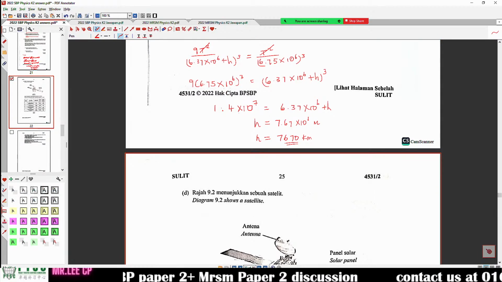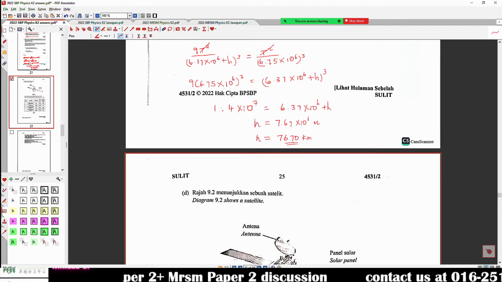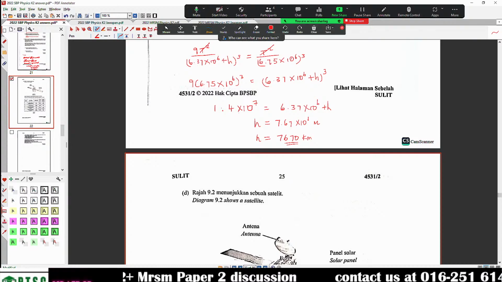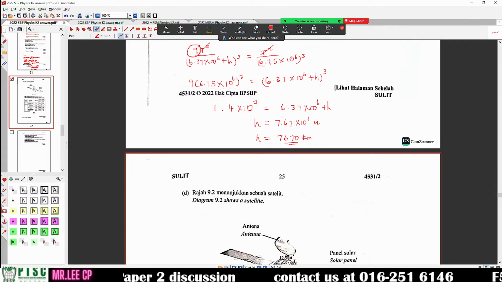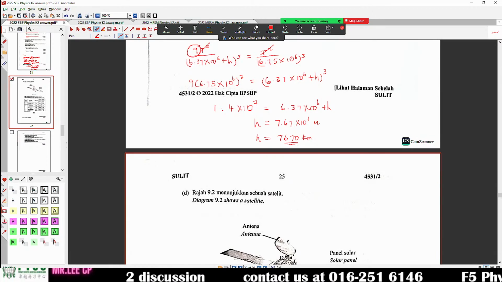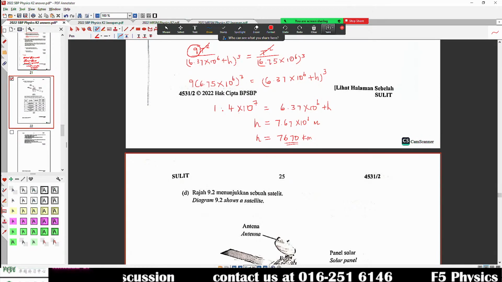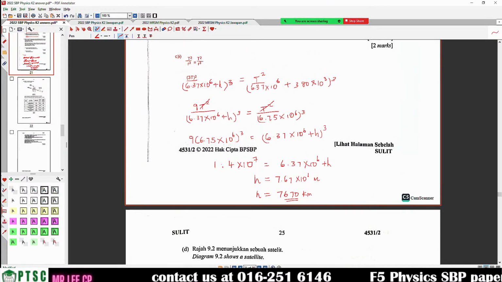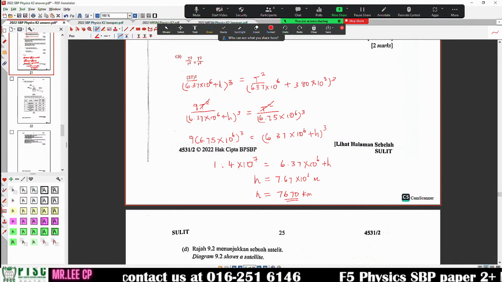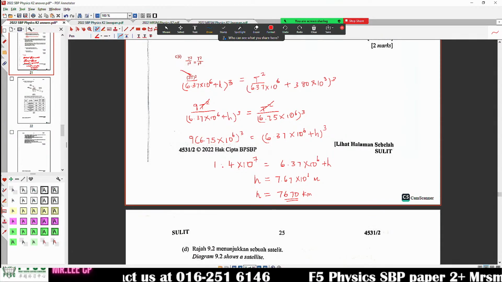Some of you did this question, but you forgot to square this one. When you forgot to square, you got 3t squared only, so everything you have done here will be wrong. You need to be very careful with your t.